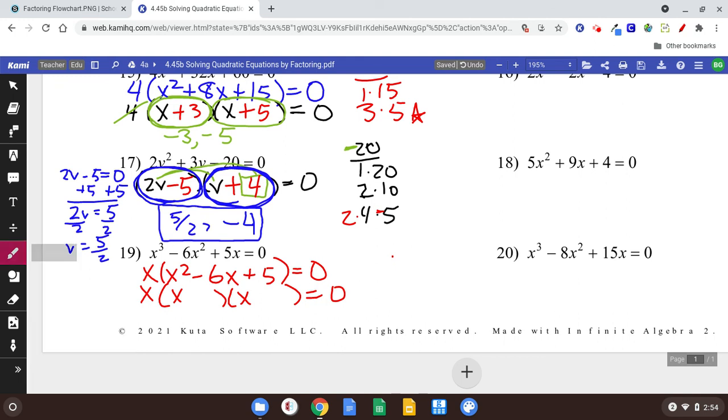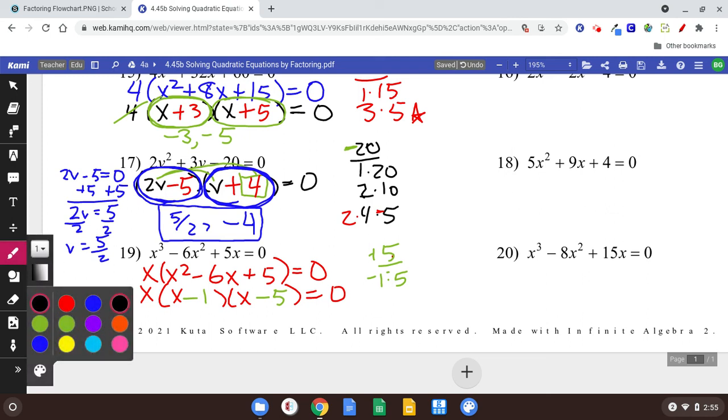And so the easy trinomial pattern says, let's take that number 5, and we need 2 numbers that multiply to 5 and add up to -6. So notice there's got to be a negative in there. They're multiplying to be positive 5 and adding up to -6. The only way that happens is if they're both negative. So they're both negative, so -1 and -5.